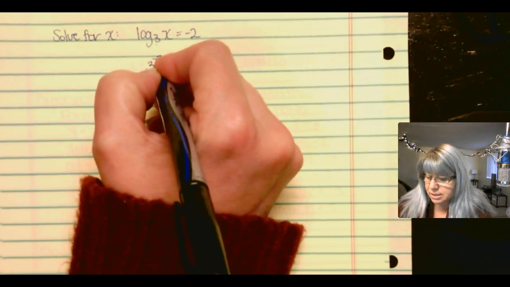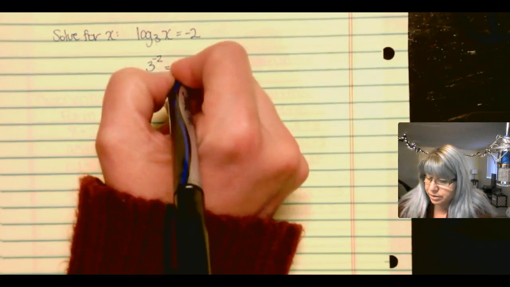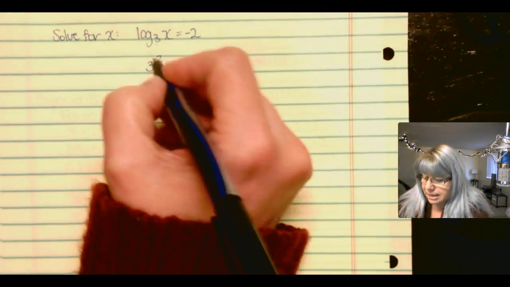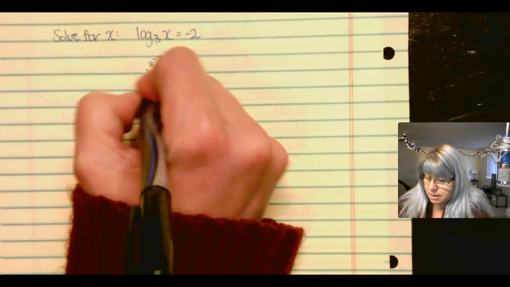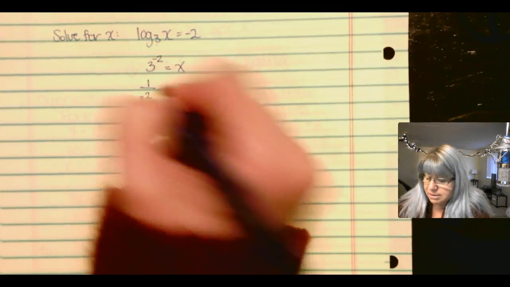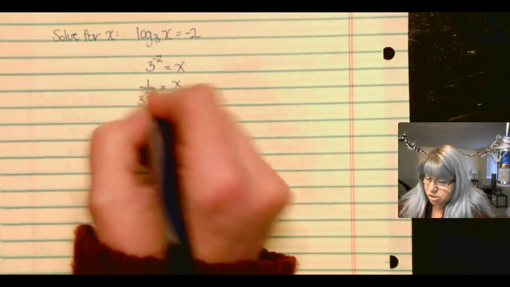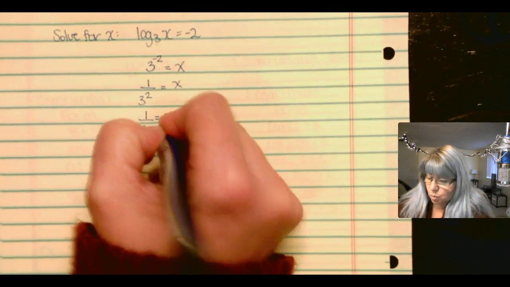So negative 2 is the power, and then it equals the answer, x. Now I know the exponent needs to be positive, so I'm going to bring that down to the denominator. X equals 1/9.